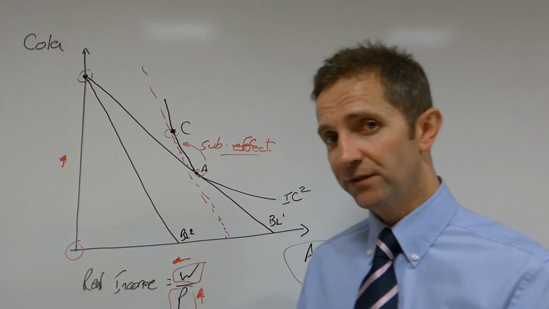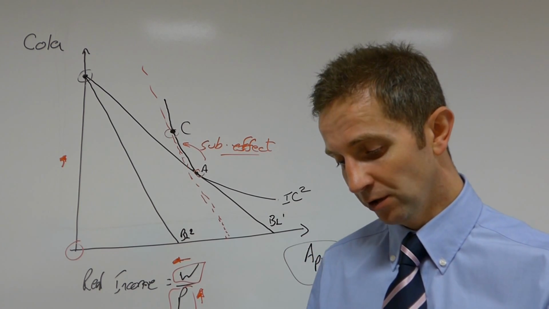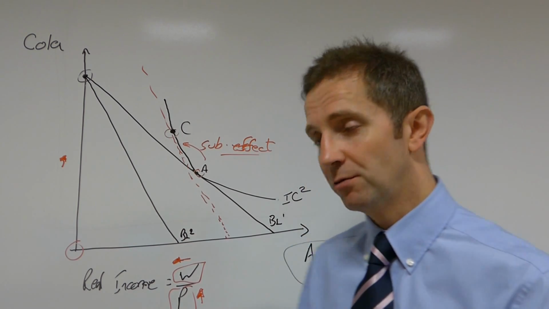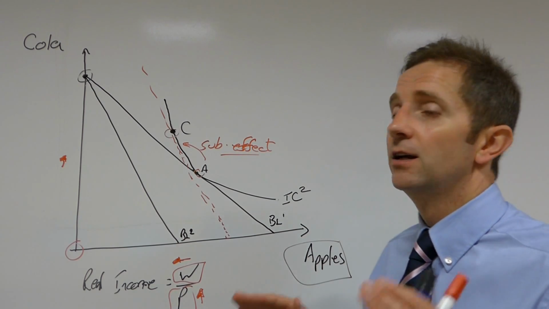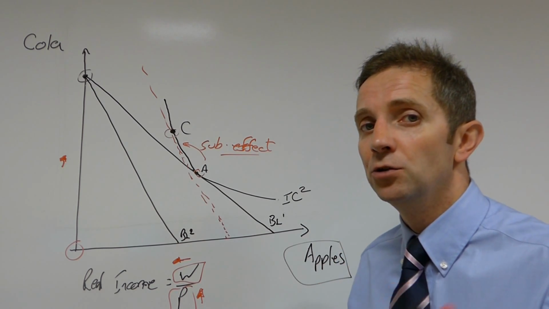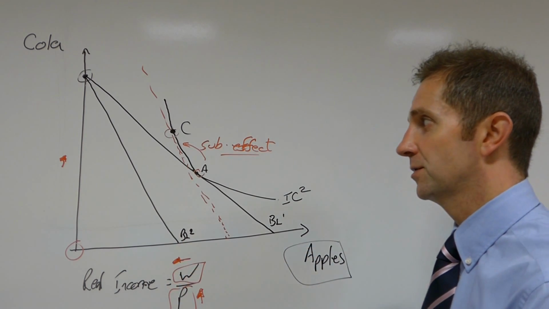Now if your real income is falling, then what will you do as a rational individual? What will you have to do as a rational individual? You will end up consuming fewer units and a smaller basket of goods and services.